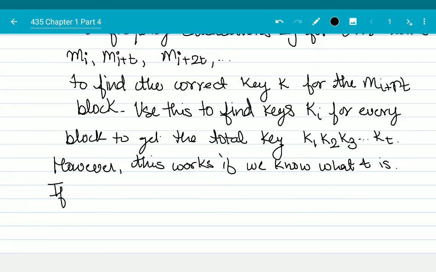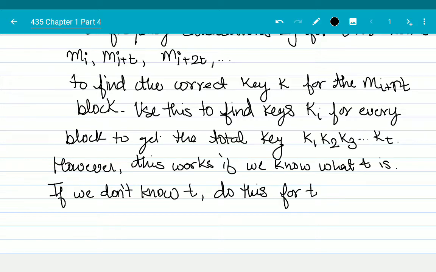If we don't know t, do this for t equal to 1, 2, 3, and so on, till you actually get what you want.